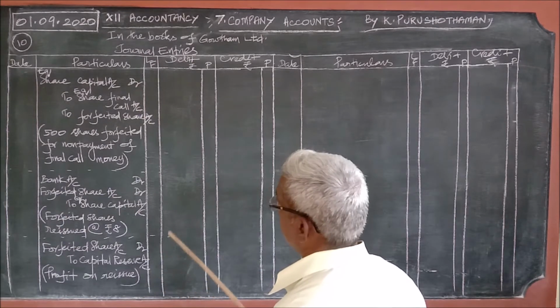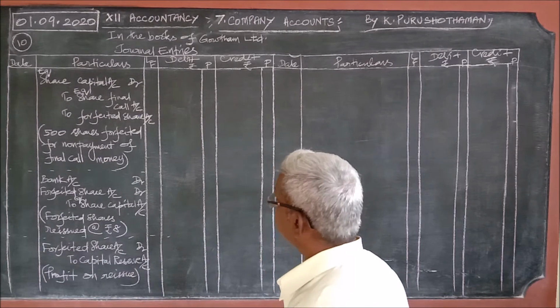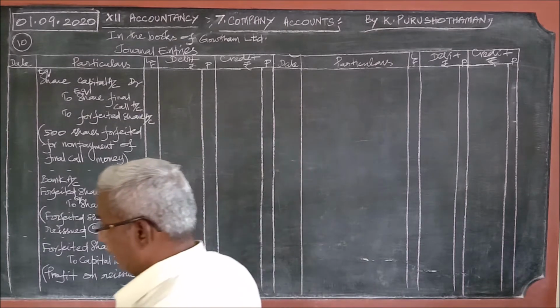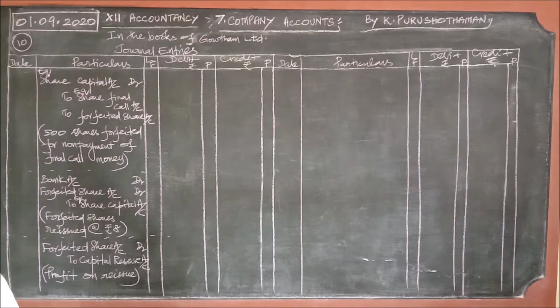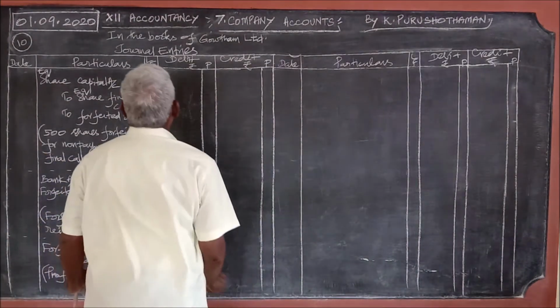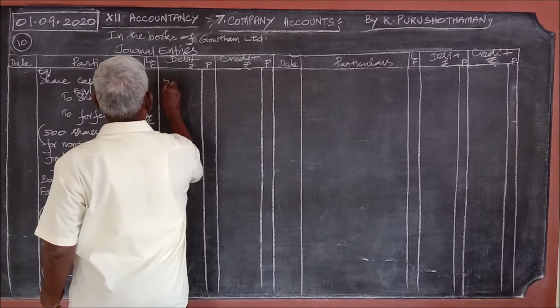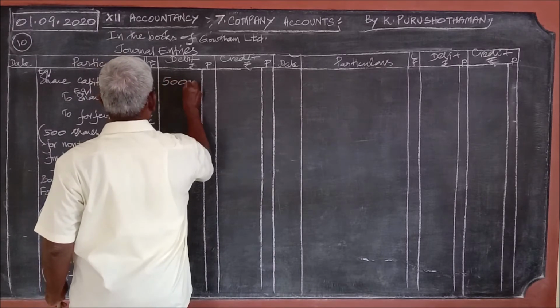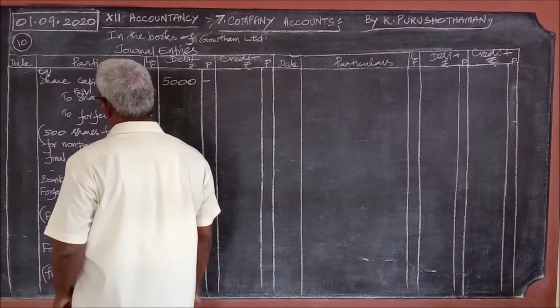Okay, what should be written here? The share capital value is 10 rupees each. How many shares? 500 shares. 500 into 10, we should write 5,000 rupees.